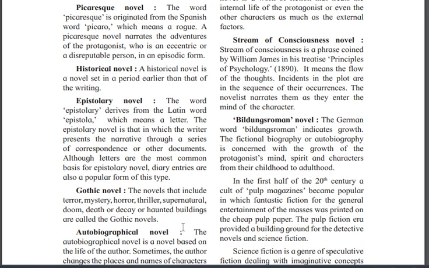The novelist narrates them as they enter the mind of the character. For example, if the character is very angry, I will showcase the situation from the point of view of the angry character. Right? Clear?